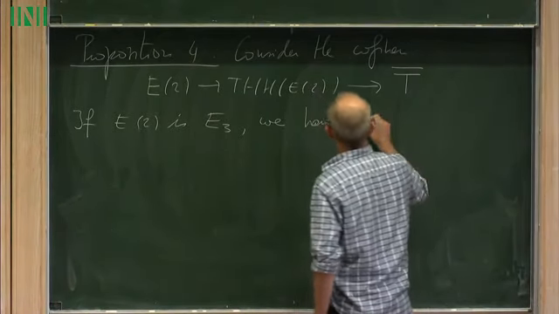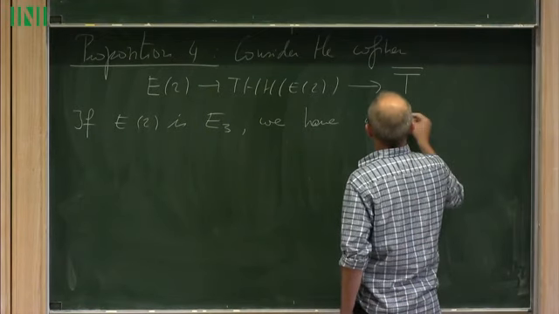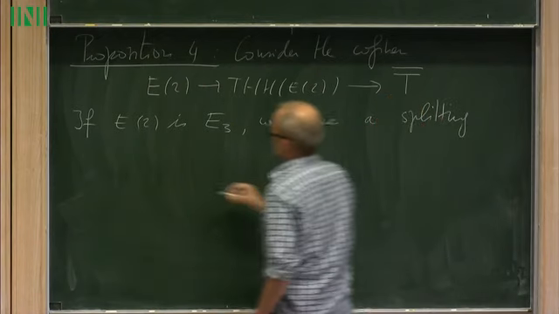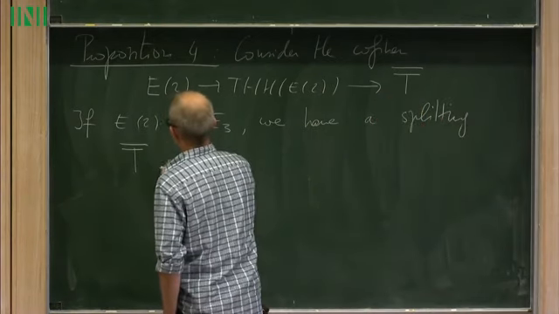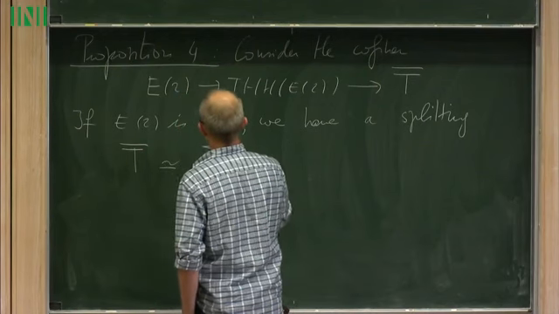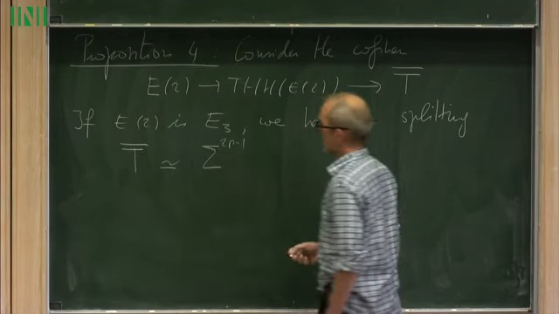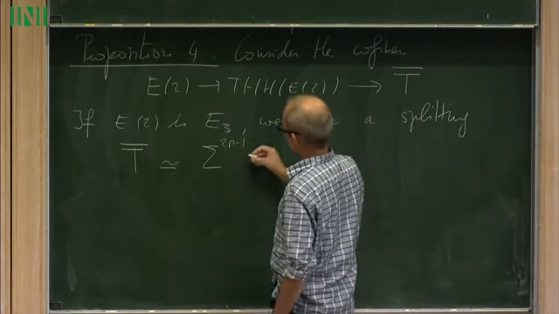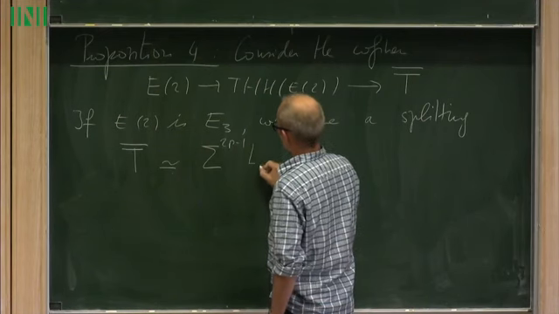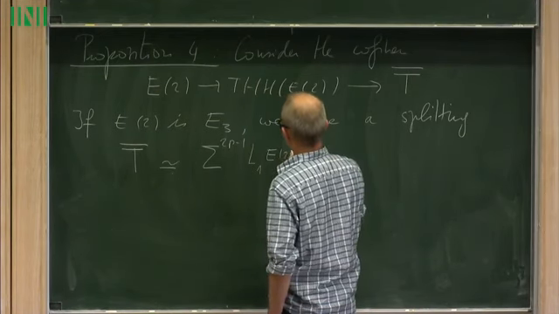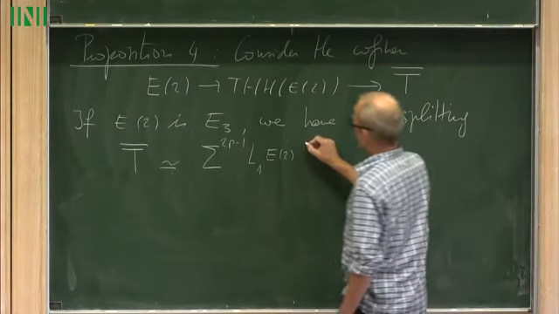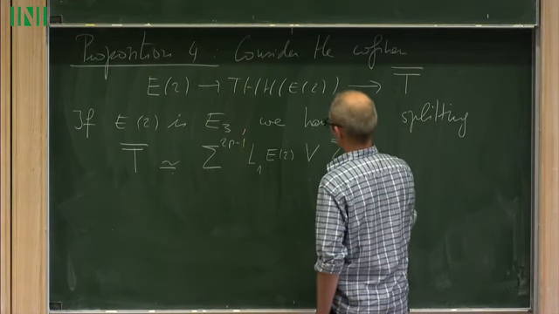We have a splitting. Here the suspensions are a bit random. They depend on the generators that we have chosen. We could have taken others. So you have an L1 local piece, and then you have two rational pieces.